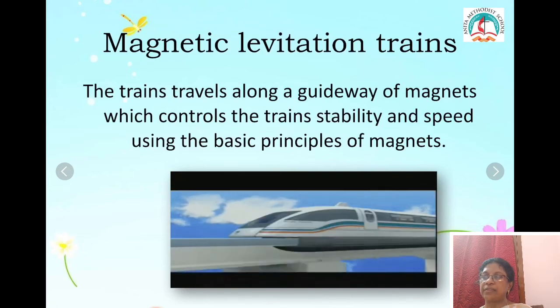You can see this train traveling very fast on a suspension. It keeps traveling and is controlled only by the magnet. So magnetic levitation trains work based on magnetic principles.